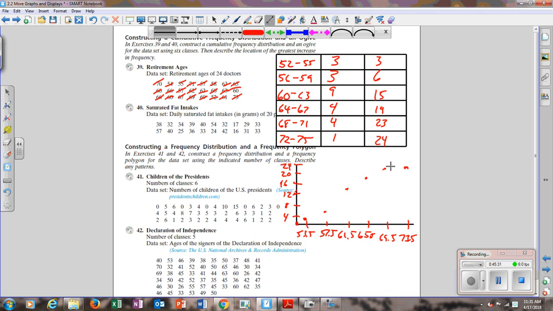And then we just draw straight lines between our dots. Okay, that's cumulative frequency distribution and an ogive.